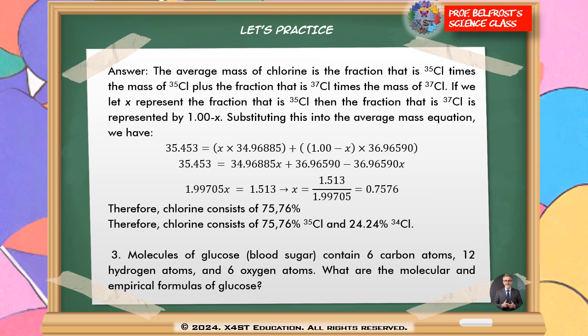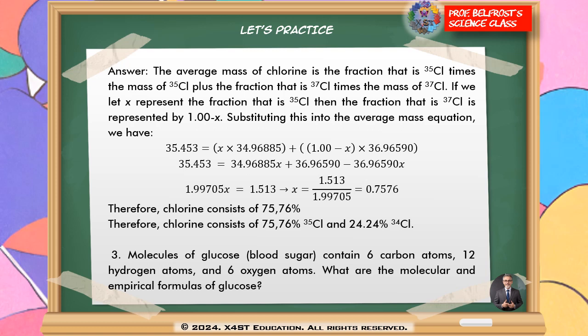The average mass of chlorine is a fraction that is chlorine-35 times the mass of chlorine-35, plus a fraction that is chlorine-37 times the mass of chlorine-37. For example, you represent the fraction of Cl-35 as x. Then the fraction that consists of Cl-37 is 1 minus x.